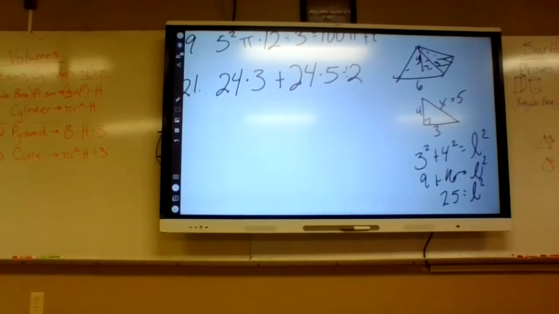We did all this stuff at different times in the chapter. Well, this first thing is the base, so this is the lateral. All of these over here are the lateral.